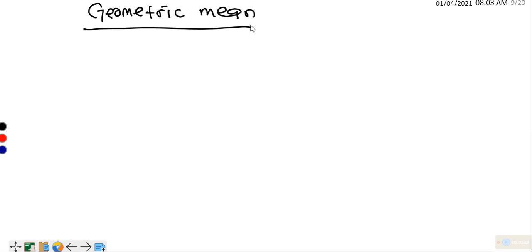So we can find the middle term, which is called the geometric mean. So this is what we mean.